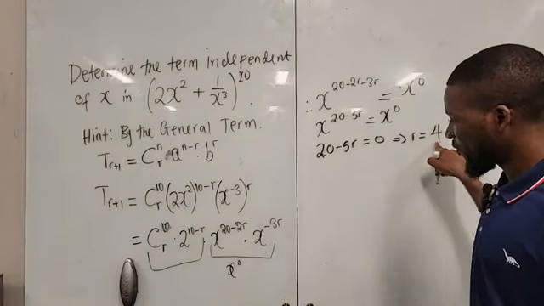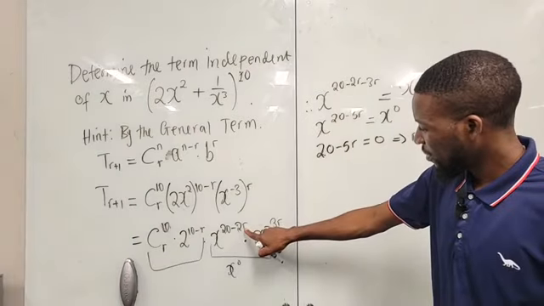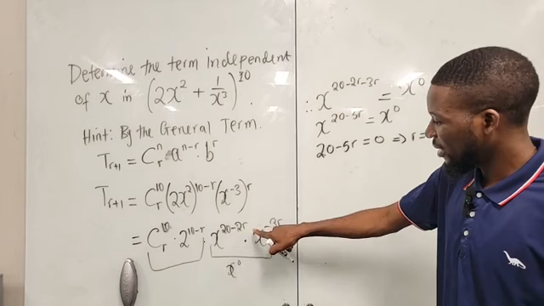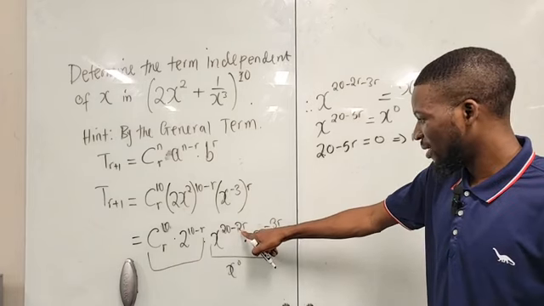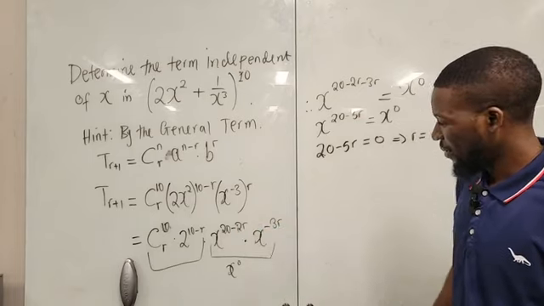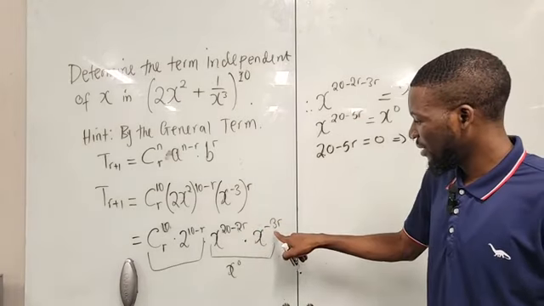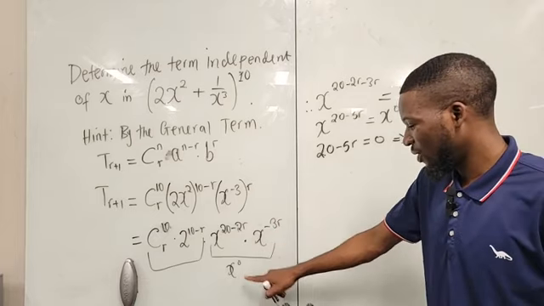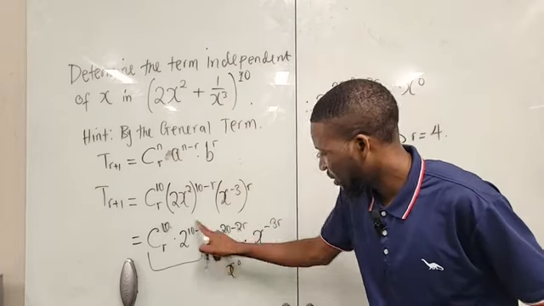Remember when r is 4, so this is 4, right? So this is 12, right? And this is 8, and when you take the sum, this is 20 minus 20, so this is 0, so everything here is 0. So we're going to compute this term.